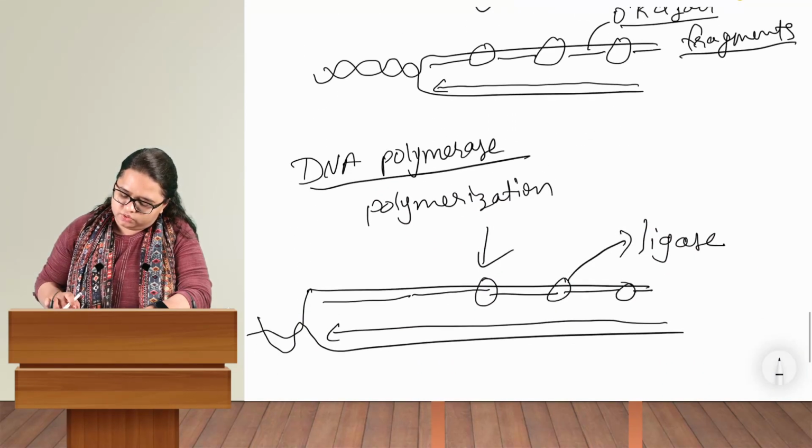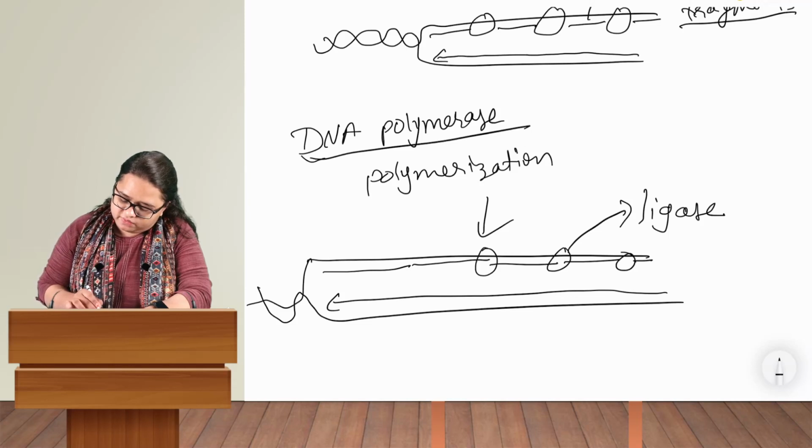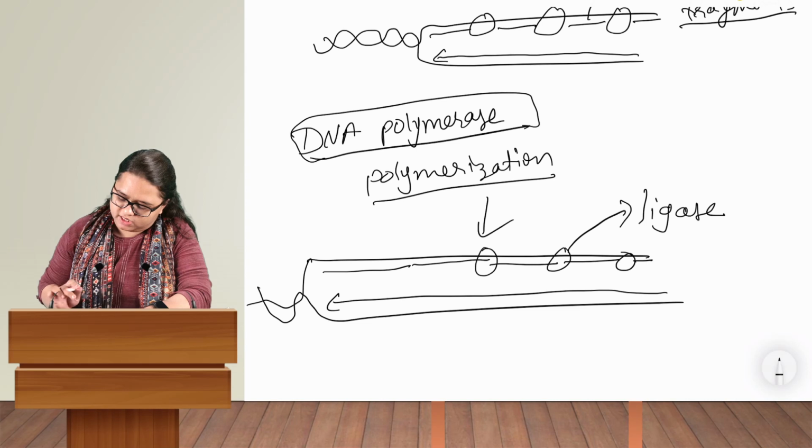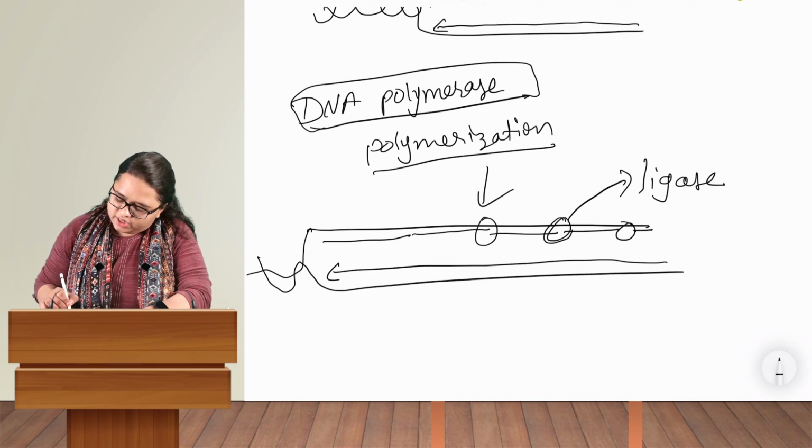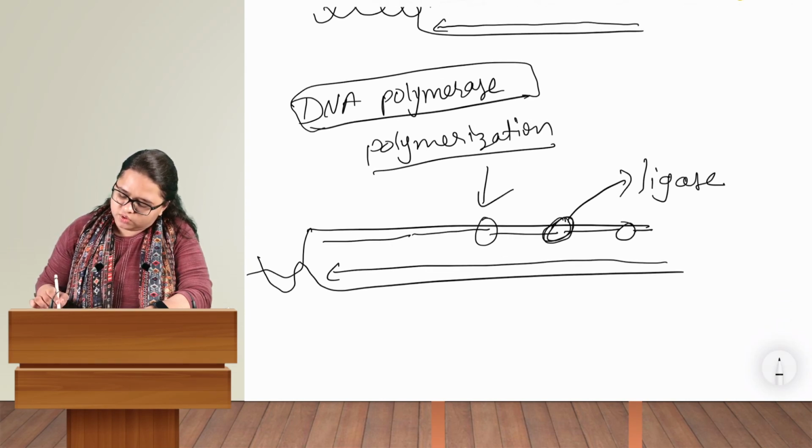Now those fragments fill the gap with the help of DNA polymerase enzyme, and that process is known as polymerization. And the joining of the DNA fragments or Okazaki fragments is done by ligase enzyme.